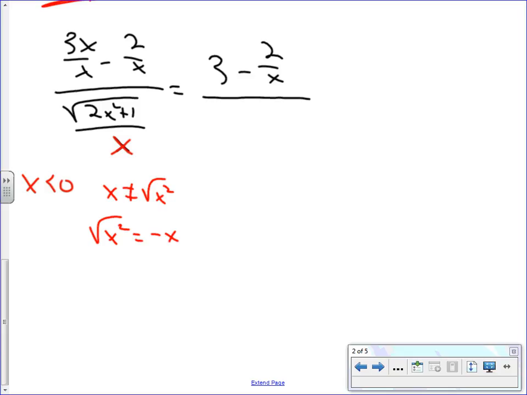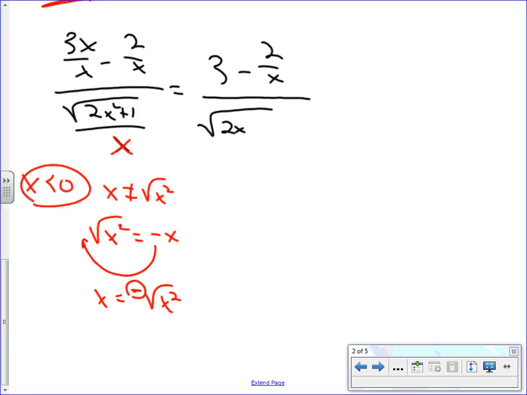And I'm just going to rewrite that, pop that negative over to this side, and say that x is the negative square root of x squared. Again, I'm looking at x's that are negative, so I have to get a negative value. So right here, I will have the square root of 2x squared plus 1 over negative the square root of x squared. And it just introduces this negative in right there.